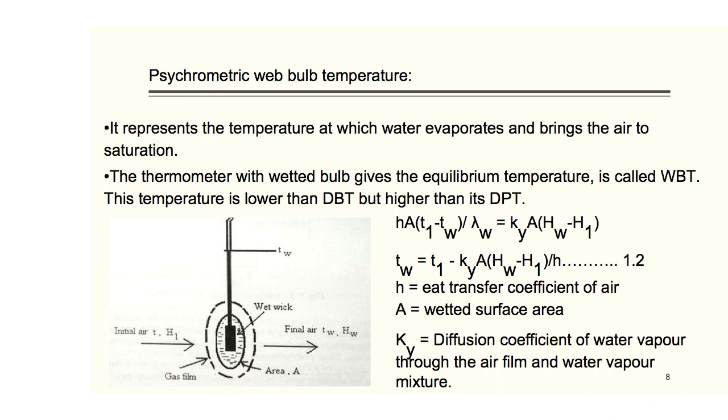What are these different constants? Small h is the heat transfer coefficient of air. Capital A is the wetted surface area. And Ky is the diffusion coefficient of water vapor through the air film and water vapor mixture.